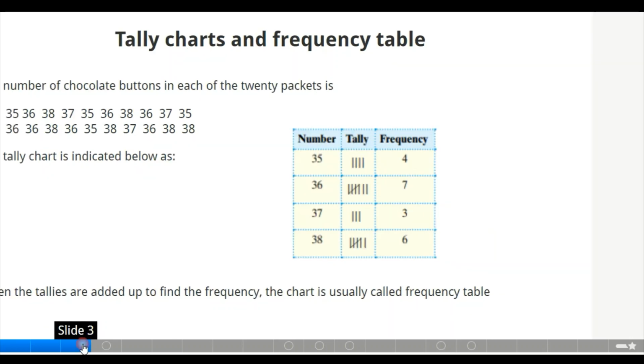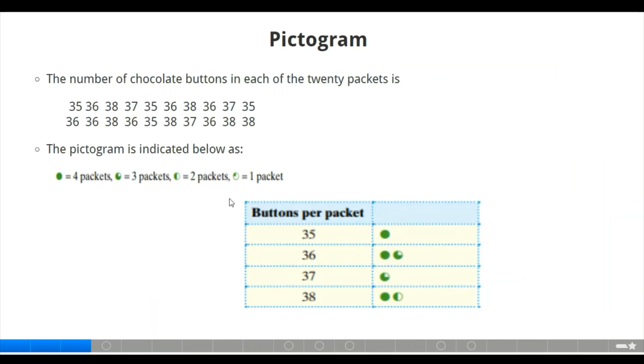Okay, now we want to look at the pictogram. From the word pictogram, you know that we are talking about a picture. So in this situation, we are trying to represent our data with pictures, okay? The information we have is for each of the 20 packets, labeled 35, 36, 37 and 38.